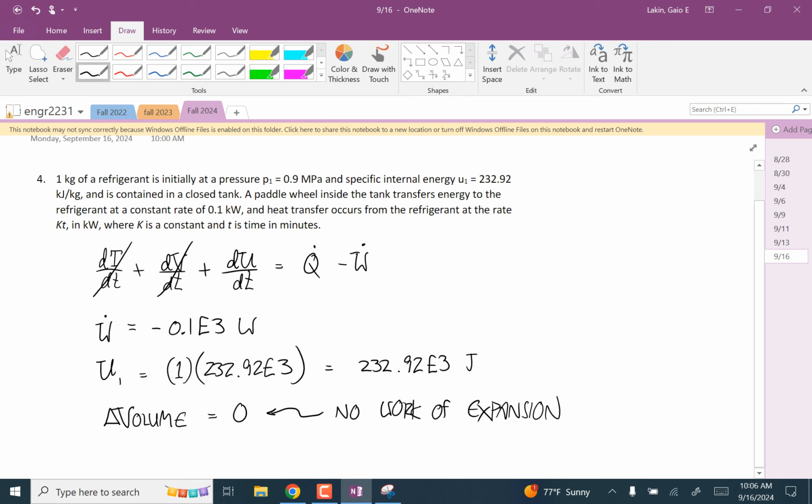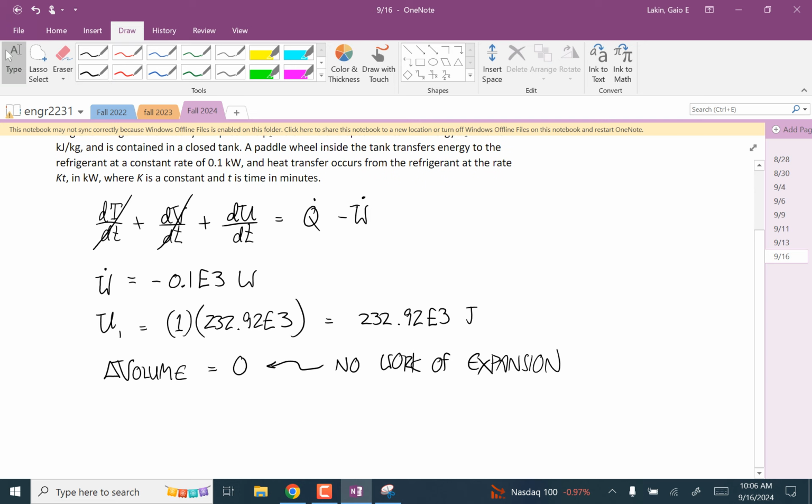And heat transfer occurs from the refrigerant. So Q dot is going to be negative kT, where t is in minutes. If we want to change it to seconds, let's make this negative kT over 60.